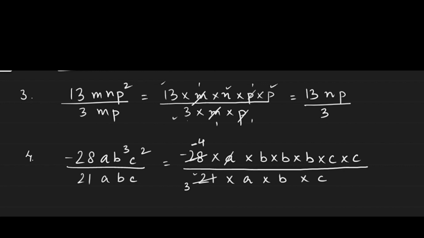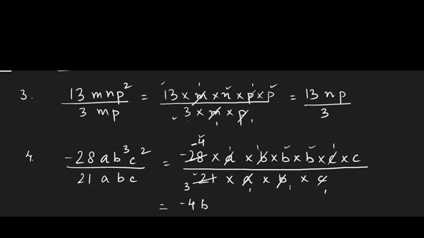This a will cancel out a. This b will cancel out b. A divided by a is 1, b divided by b is 1. Anything else we can cancel? Of course, this c divided by c is 1. So what are we left with? This we have negative 4, then we have 1, 1, then we have b, b.